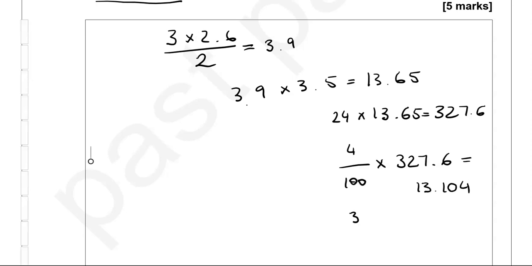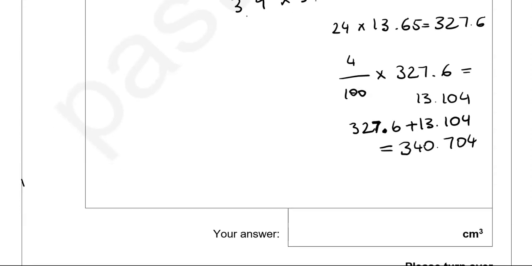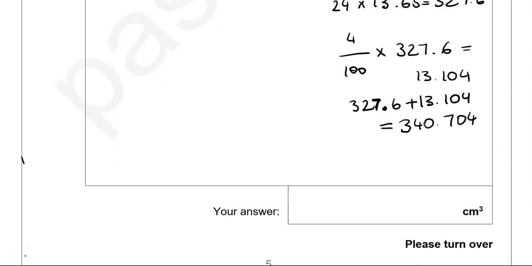Adding 327.6 and 13.104 gives us 340.704. And this should be the final answer. So writing it down.